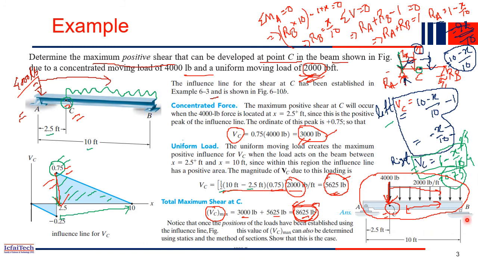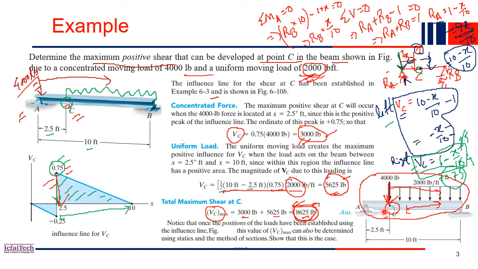Using the influence line diagram, we have found the worst combination where we will get the maximum shear force at C. We get it when the concentrated load is just above C, and the UDL is over the entire side from C. This is the worst condition where you will get the maximum shear force at C, right?